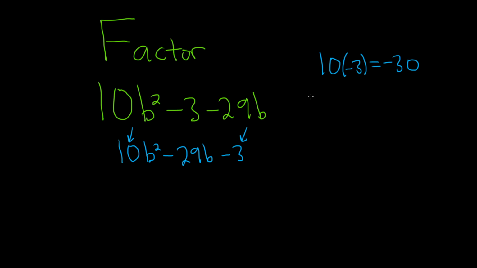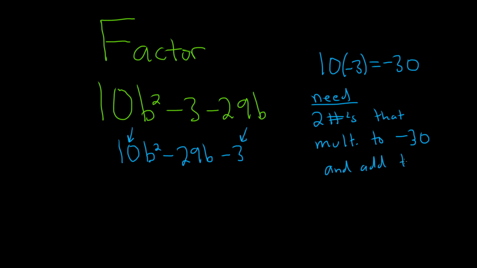So we need two numbers that multiply to negative 30 and add to the middle term here. So the number in the middle, add to negative 29.